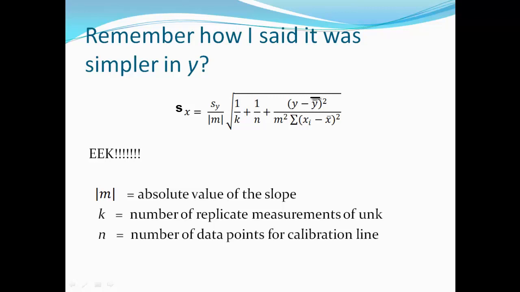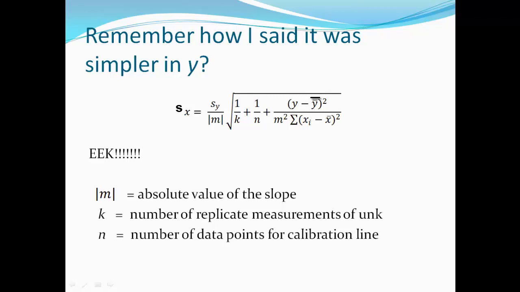So it's s sub y, which is the standard deviation in y. We already figured that out when we made the calibration line doing the method of least squares. M is just your slope, the absolute value of the slope, and then you take the square root. You have all these other values, which is 1 over k. K just happens to be the number of replicate measurements of the unknown.